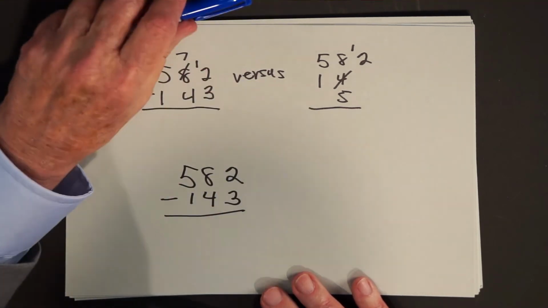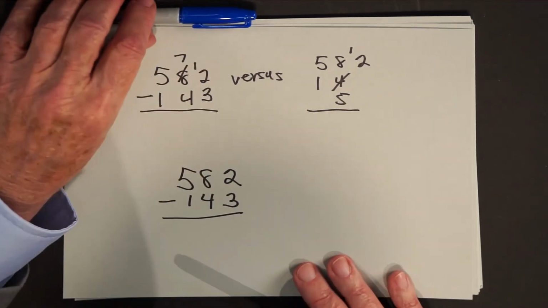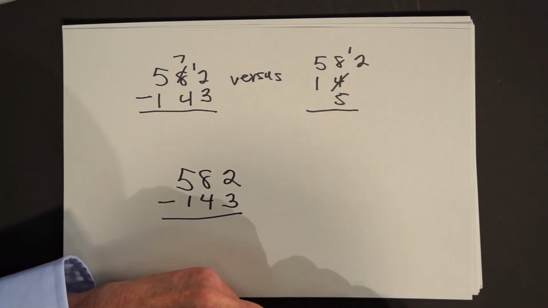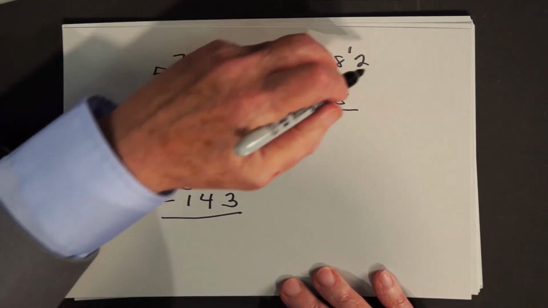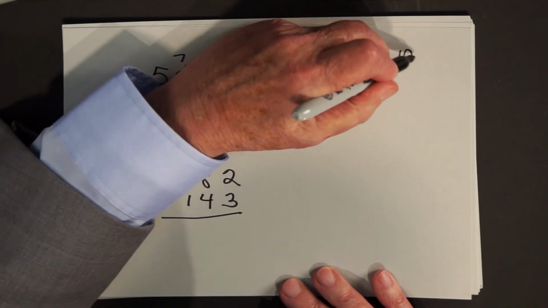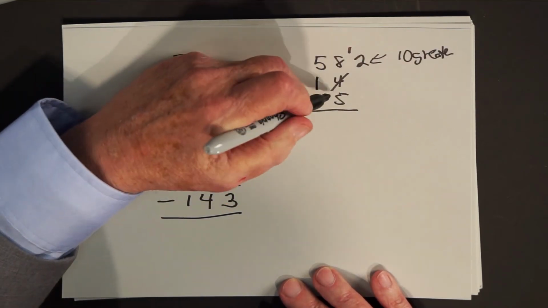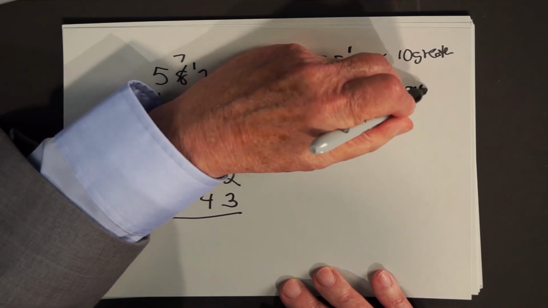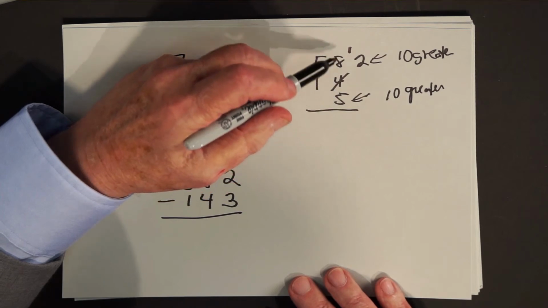Now, the other way is a little bit more subtle, and what it's based on is, this was based on the same sum, this is based on the same difference. Meaning, when I put the 1 over here, that made this number 10 greater. When I crossed out the 4 and made it a 5, that made this number 10 greater. But I'm subtracting, I'm finding the gap between them.